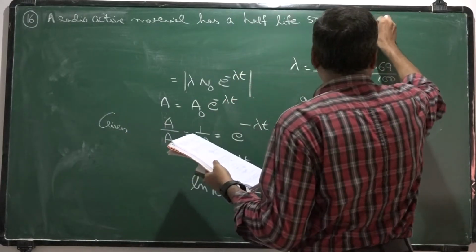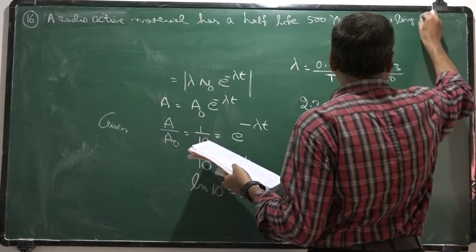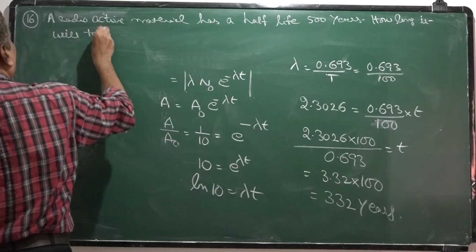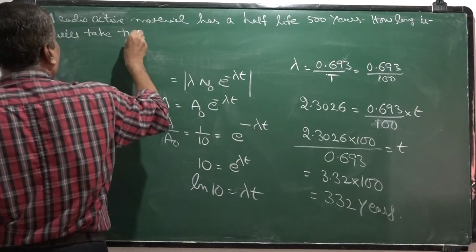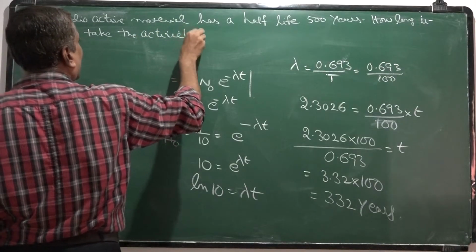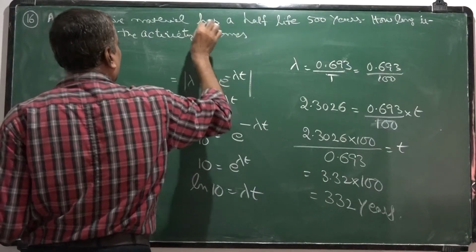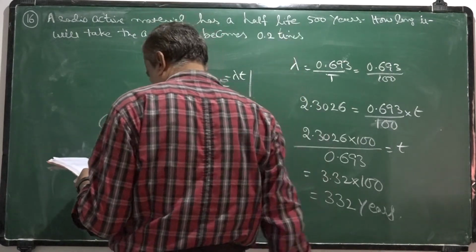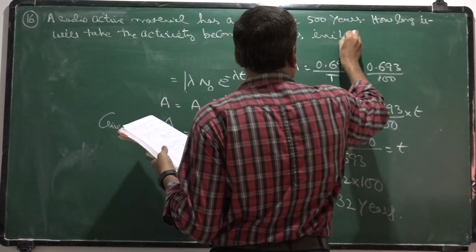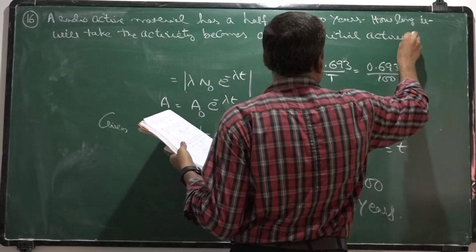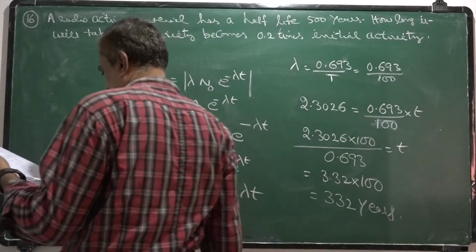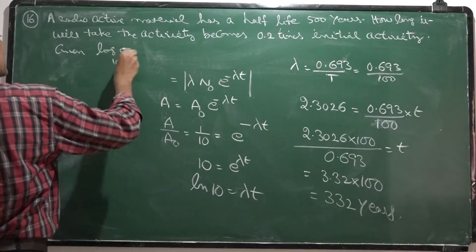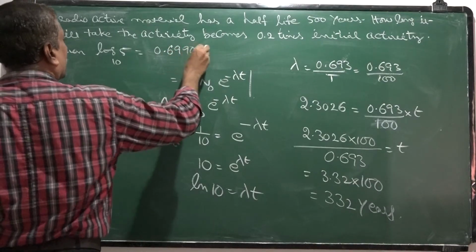How long will it take for the activity to become 0.2 times the initial activity? Given log 5 base 10 is 0.6990.